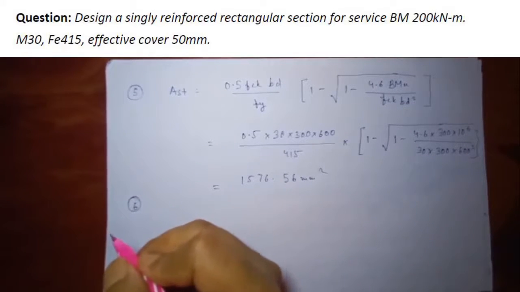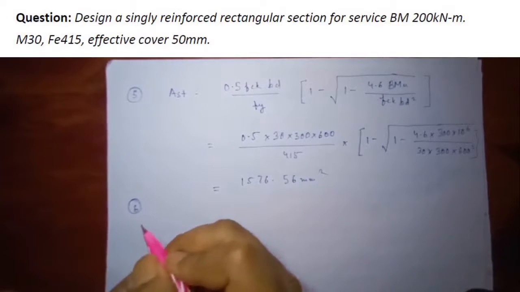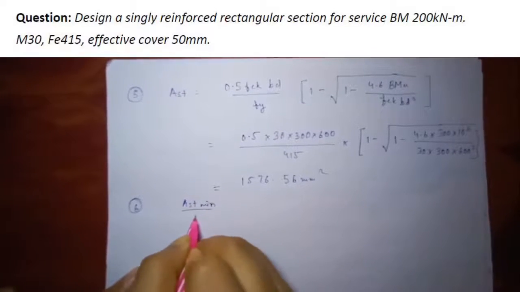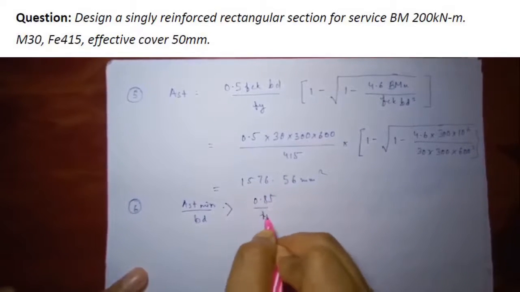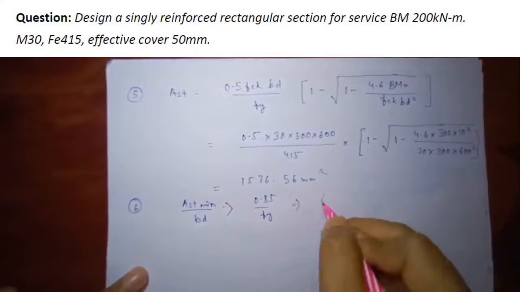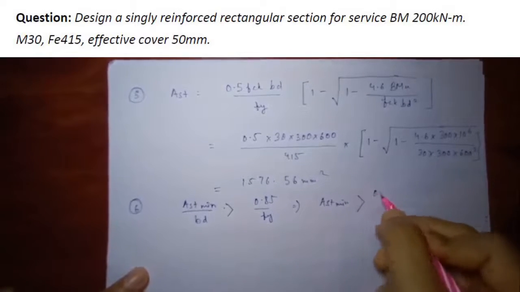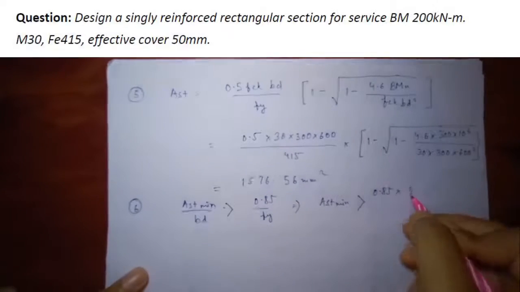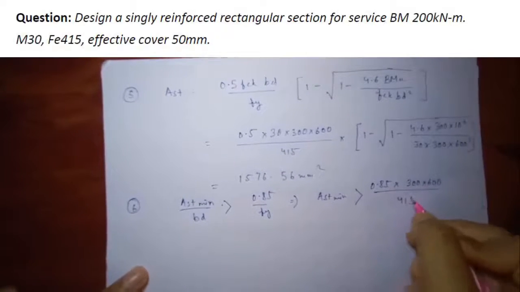Next step, we have to get the permissible limits. So the permissible limit is that AST minimum upon BD shall be greater than 0.85 upon Fy, and thus we will get AST minimum greater than 0.85 multiplied by B is 300 and D required depth is 600 divided by Fy is 415.